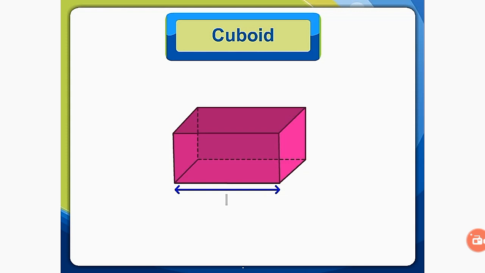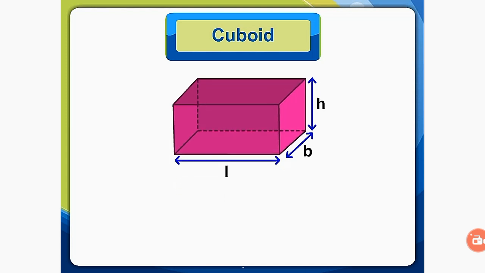So before calculating the surface area of this cuboid, let us take the dimensions. A cuboid has three dimensions: length, breadth and height. Let us mark them as L, B, H respectively. Now let us calculate the lateral surface area of this cuboid.